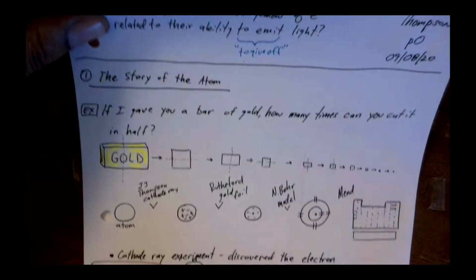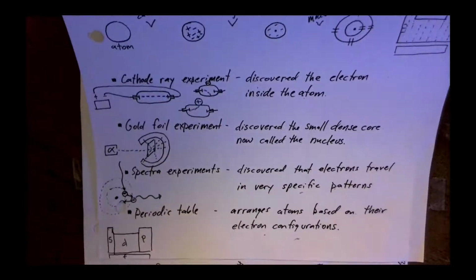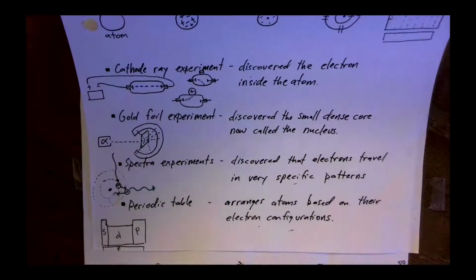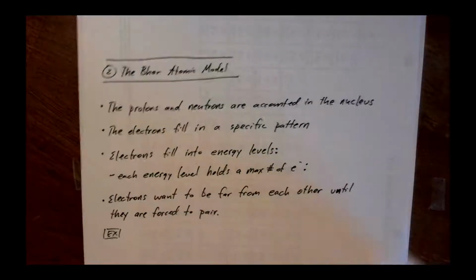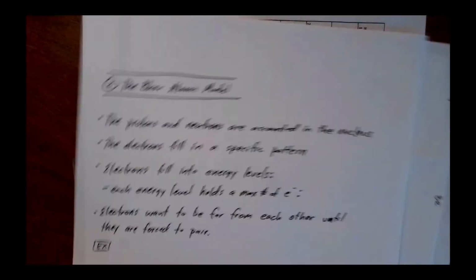So I think I'm going right into the back page. After we finish the Bohr model comes the periodic table. This is the second page of the notes, which you should probably have already copied.